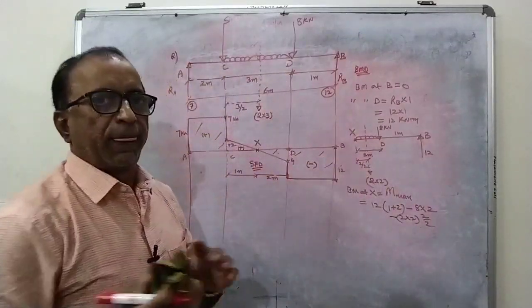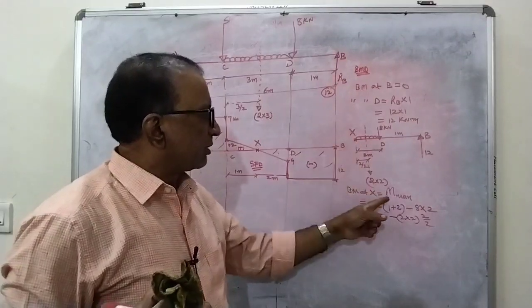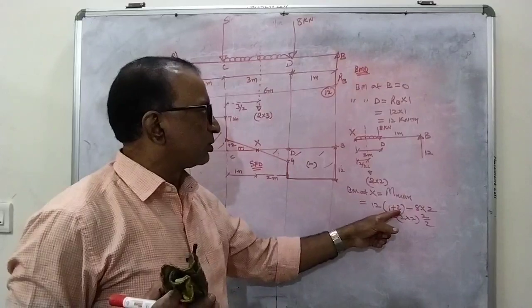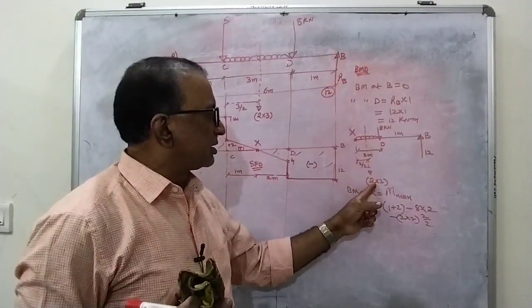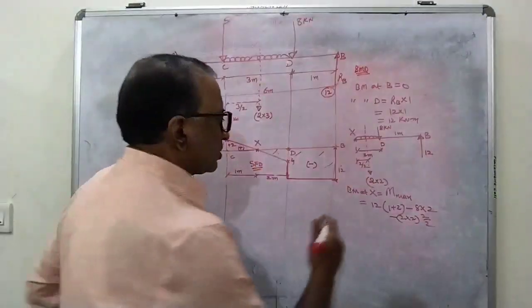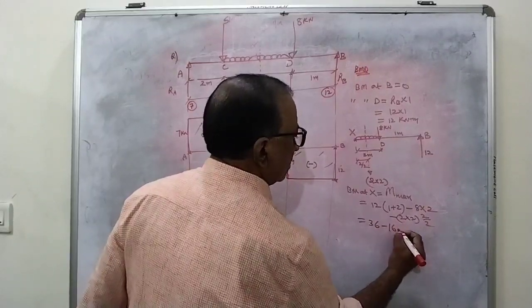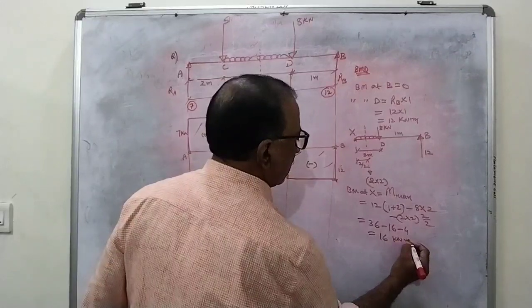Am I right? Once again, I am calculating the bending moment at X, which is nothing but the maximum bending moment. 12 into 3, 1 plus 2, minus 8 into 2, minus this total UDL, 2 into 2, into 2 by 2. So 12 threes are 36, minus 16, minus 4. 16 kilonewton meter is the Mmax.